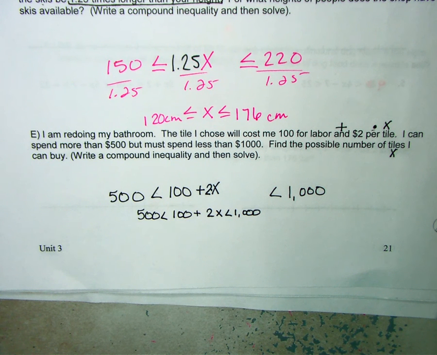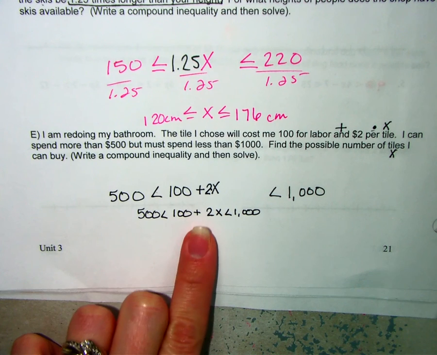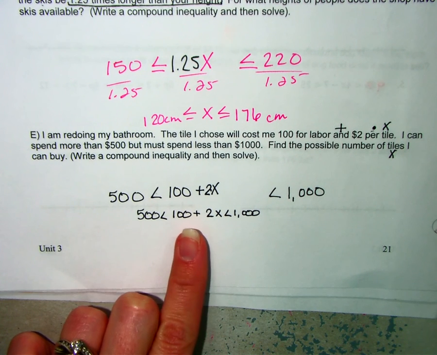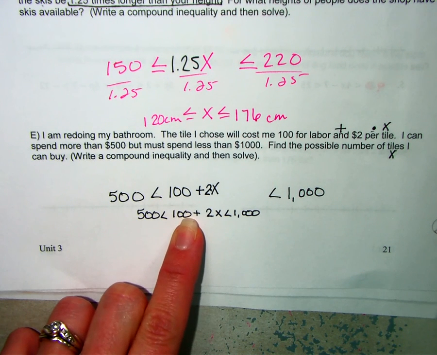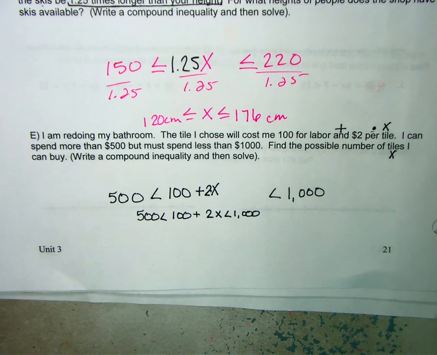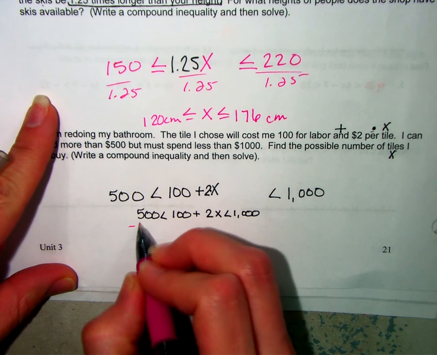Okay, so then to solve this, you go in the middle. So this is what we did yesterday. We solved problems just like this, which is kind of why we did that. So we're going to go right into the middle, and we have to get rid of the plus minus piece first, not the divide. So I'm going to get rid of the 100. So you would subtract 100.